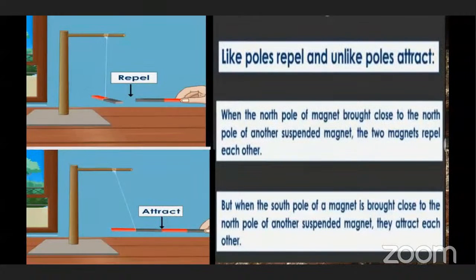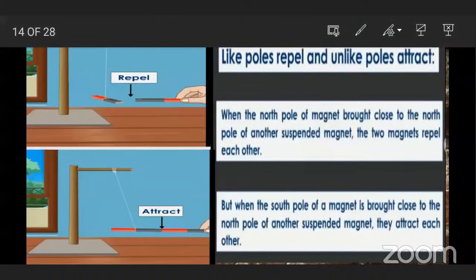Now next one, like poles repel and unlike poles attract. See, when the north pole of a magnet is brought close to the north pole of another suspended magnet, the two magnets repel each other. In our activity, we saw this also. When we keep two similar poles near each other, they repel.